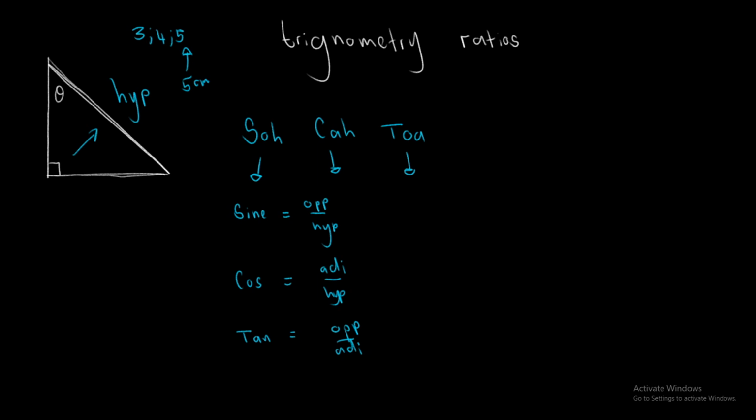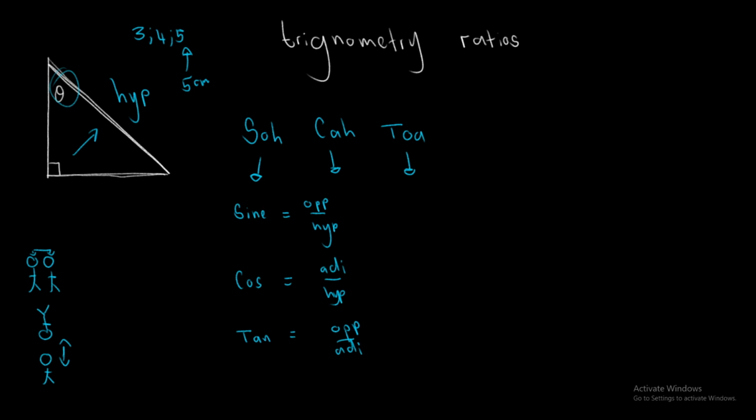Now let's understand what these words mean. If I have two people standing next to each other, they are said to be standing adjacent to one another. If I have person A standing and looking across to person B, they are said to be opposite one another. So what we need to do is identify theta, or the angle given.